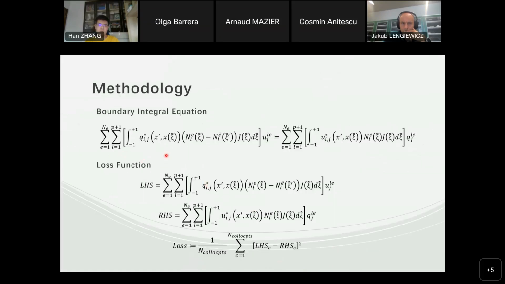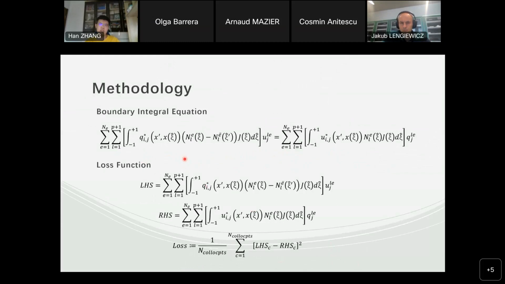After solving the singularity, the boundary integral equation will be in this form. And we will then introduce our artificial neural network here.